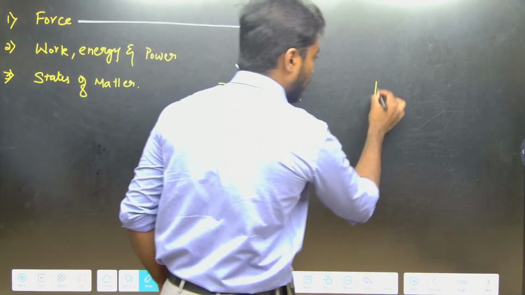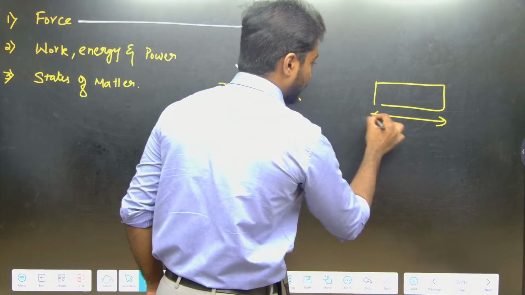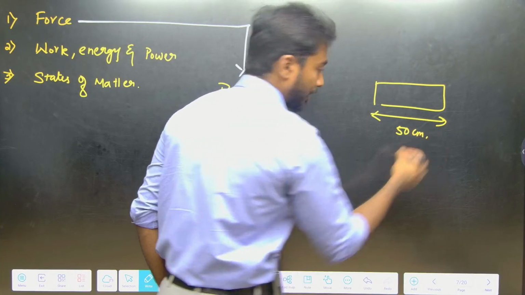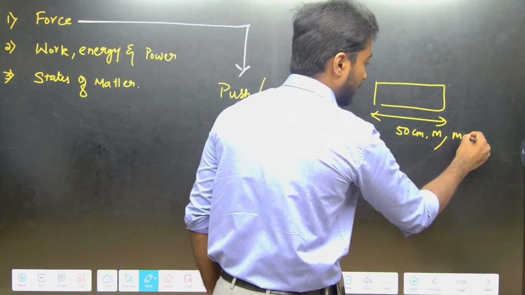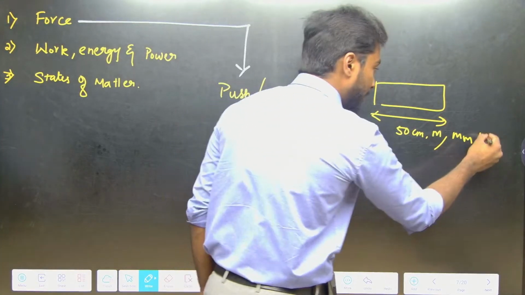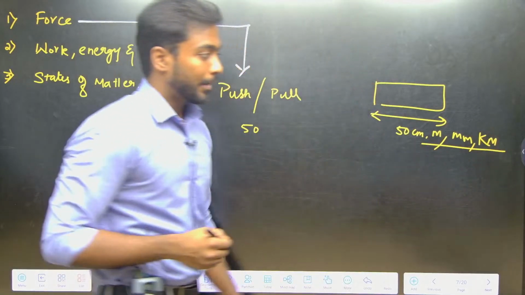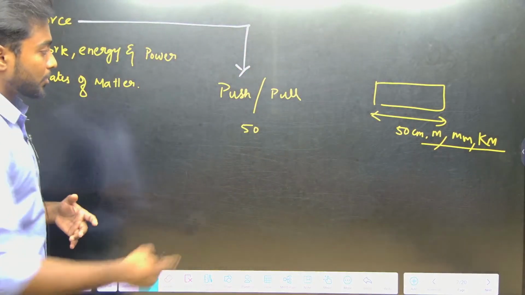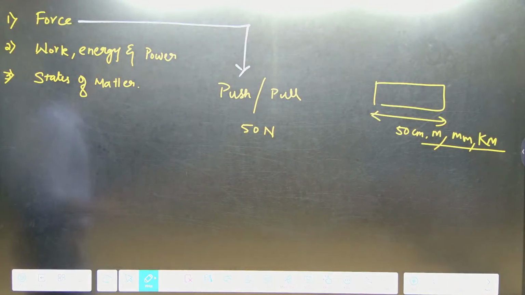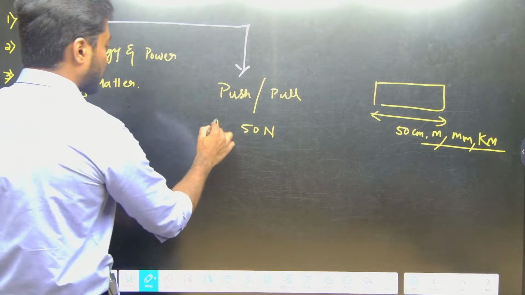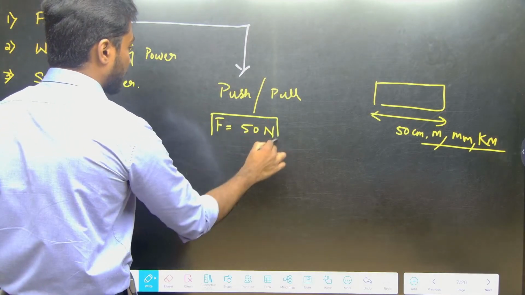For measuring an object I can say 50 centimeter, meter, millimeter, or kilometer. Here it is Newton. So force is measured in Newton.